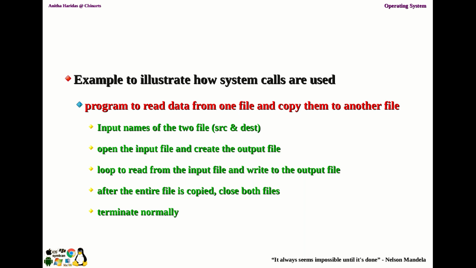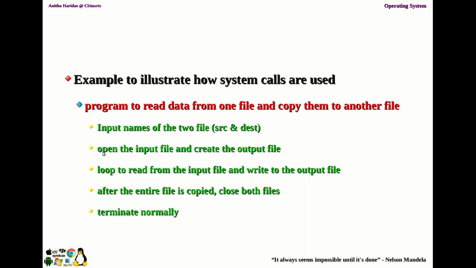You might have written a file copy program in C in the file handling section. What do you do generally? You will ask the user to enter names of two different files, the source file as well as the destination file.